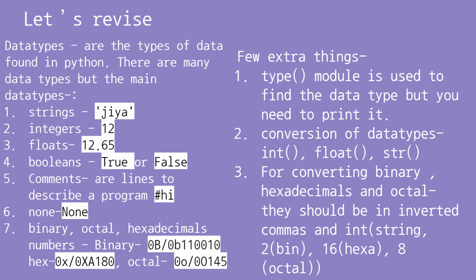For converting binary, hexadecimal, and octal numbers, the number would be in inverted commas, in int plus the string of the number, and then 2 for binary, 16 for hexadecimal, and 8 for octal have to be written.